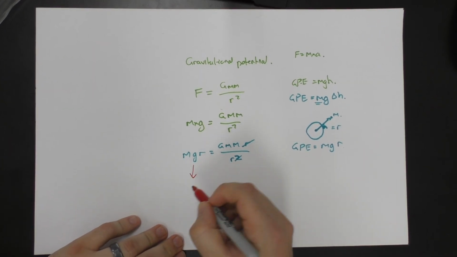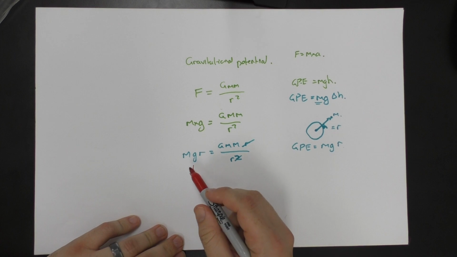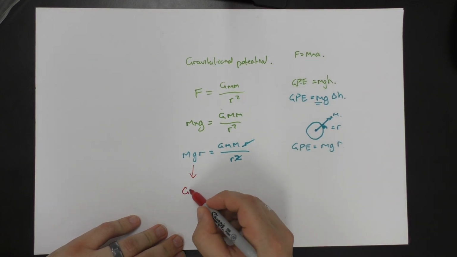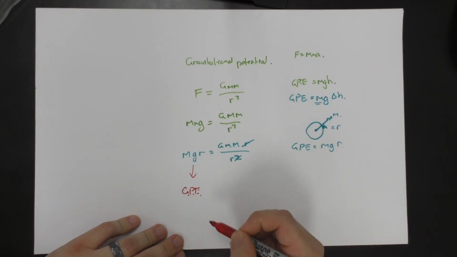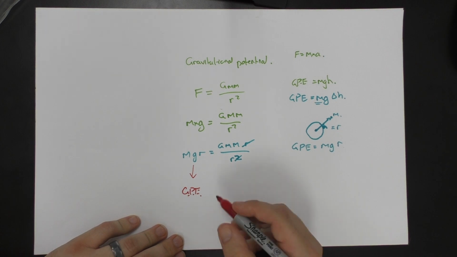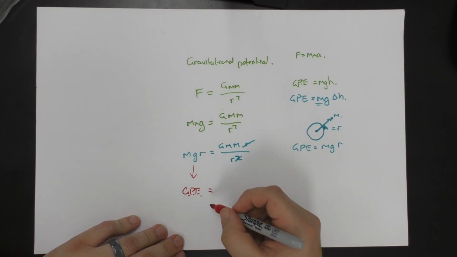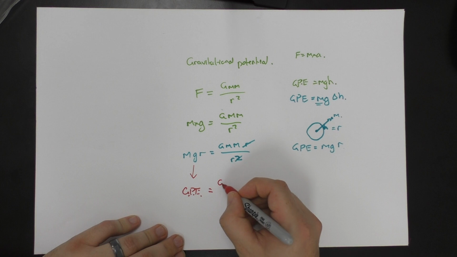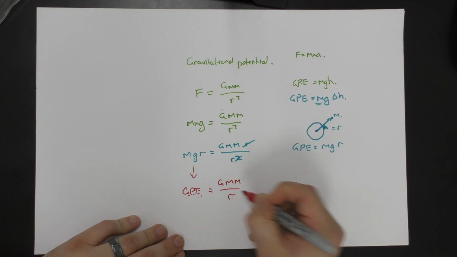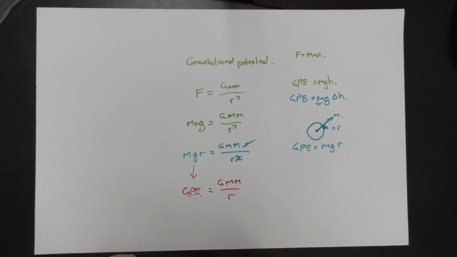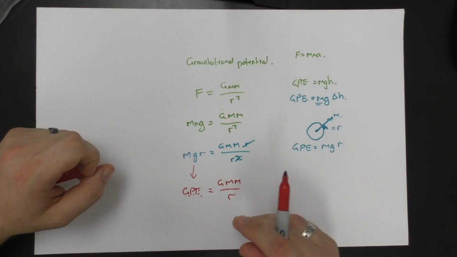Well, we can rewrite this as mgh or mgr, doesn't really matter, but it's still GPE. It's the actual potential energy that it's got there, gravitational in this case, is equal to GMm over r. Well, that seems like a lot of work just to get rid of a term in some respect, but this at least shows you where that equation comes from.